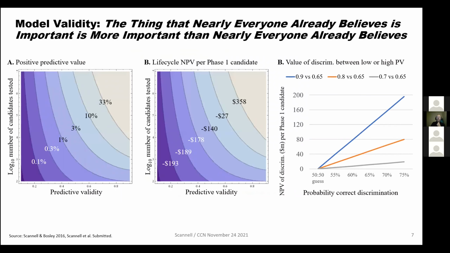And one of the major results is summarized on this slide. If you look at the left-hand panel, what I've done is I've said, okay, for a standard set of search parameters that I think is vaguely relevant to drug discovery, one can vary the predictive validity of our model on the horizontal axis, i.e. is it a good model or bad model, and one can vary throughput, on a logarithmic vertical axis, so throughput goes from testing 200 items and picking the best one to testing 10 to the 7 items and picking the best one.